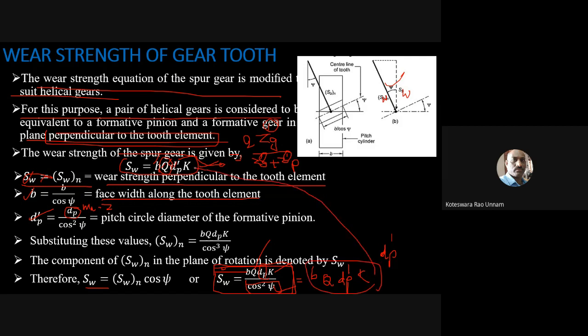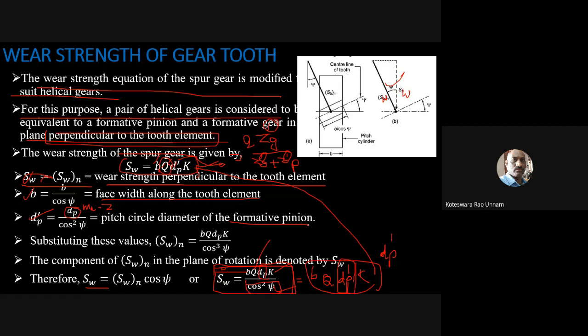So here you can see it is the same as the previous formula, but the only thing is that this dP dash is nothing but the pitch circle diameter of your formative spur gear or formative pinion. In the case of helical gears, the design is based on the pinion. So you have to take the pitch circle diameter of the formative pinion.